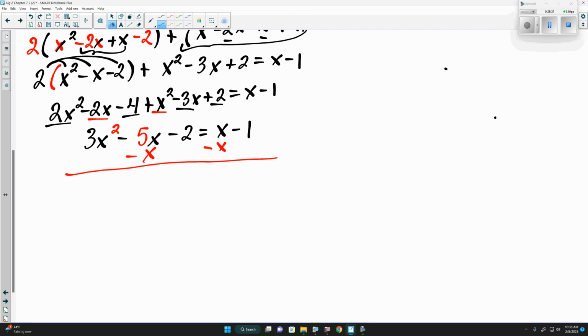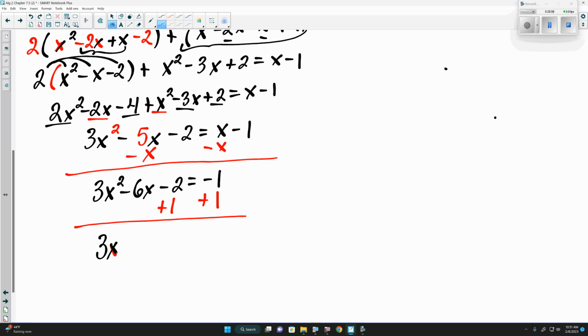So the first thing we can do is subtract x from both sides, telling us that 3x squared minus 6x minus 2 is equal to negative 1. And then we can add 1 to both sides, telling us that 3x squared minus 6x minus 1 is equal to 0.